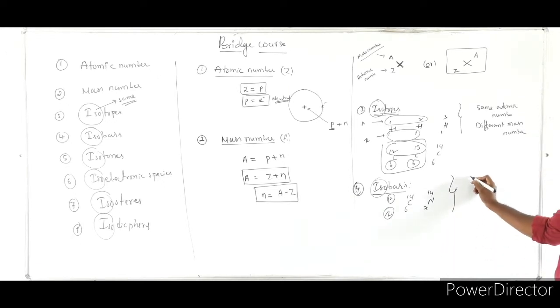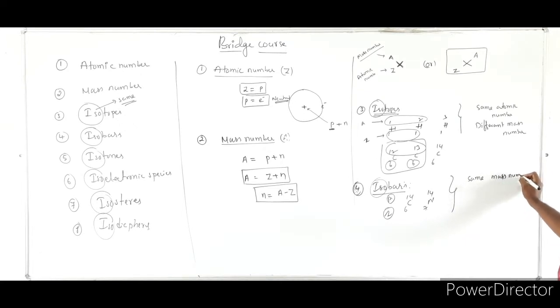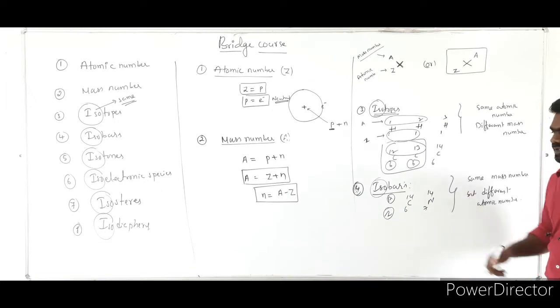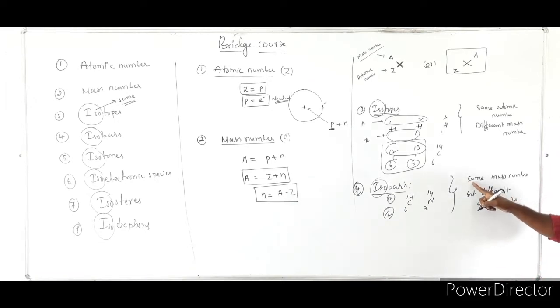So by taking this, we can define isobars. I am writing what is the same: same mass number, but different atomic number. We have to call them isobars. You can define it: atoms with the same mass number but a different atomic number are called isobars.